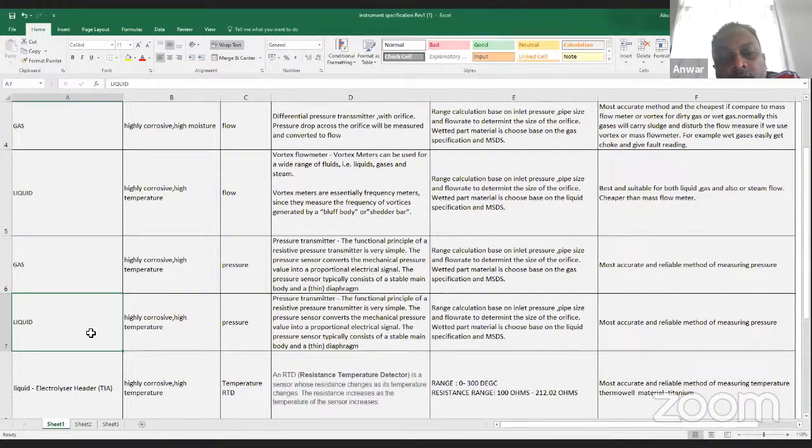And then you will have a mixture of those, like sodium hypochlorite, another liquid which is also highly corrosive and at high temperature.